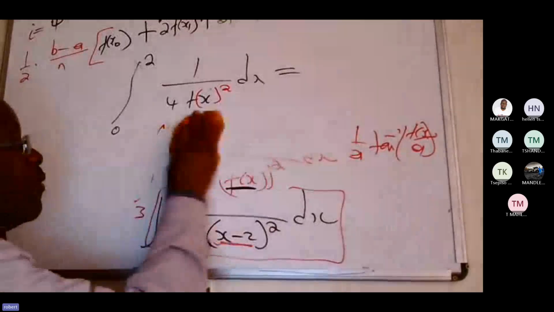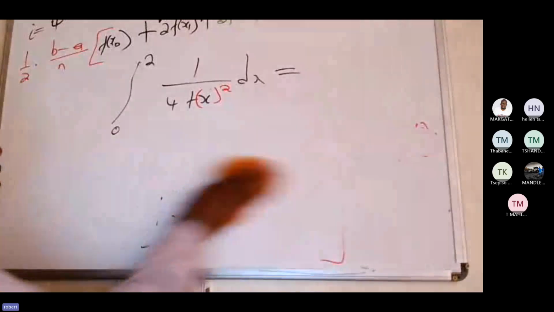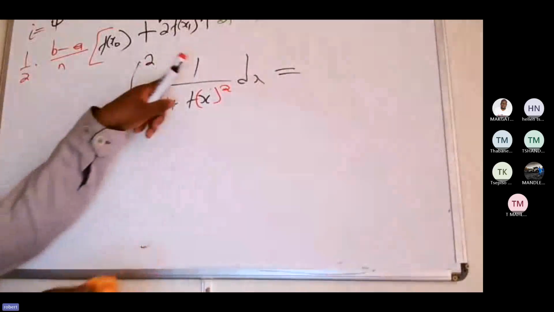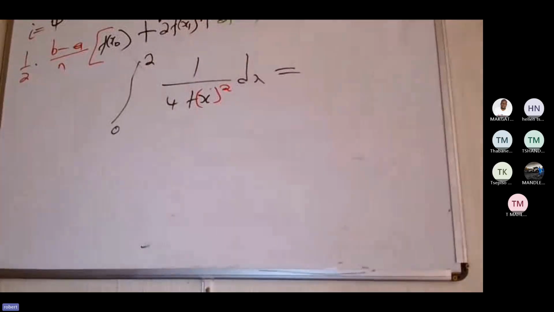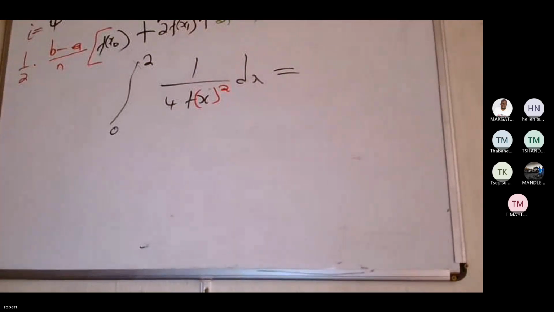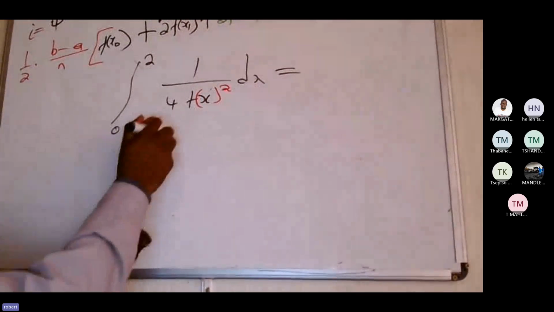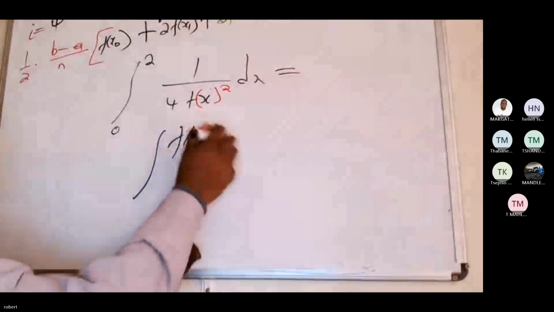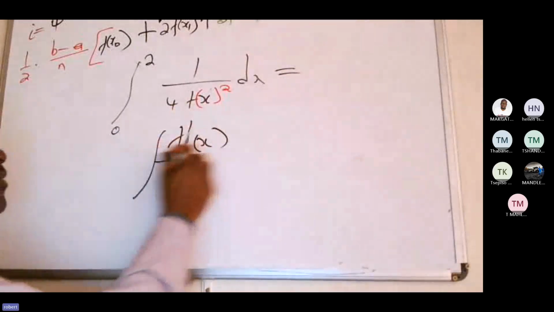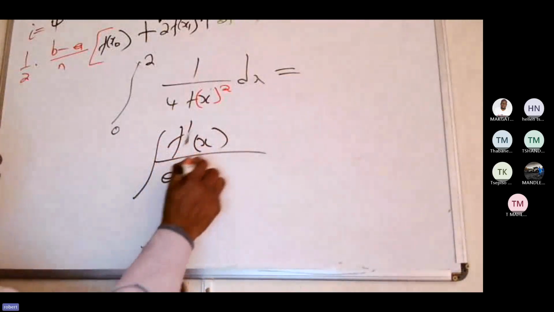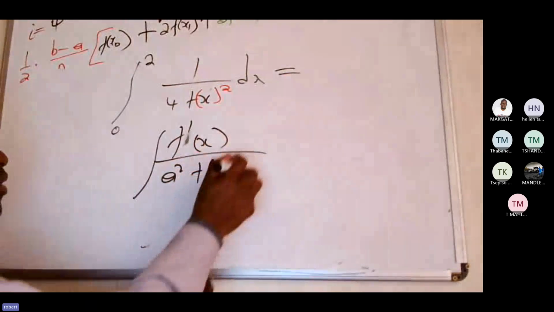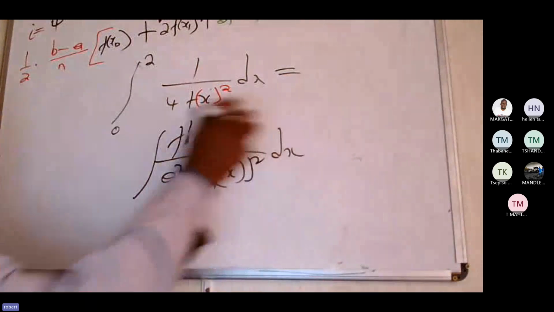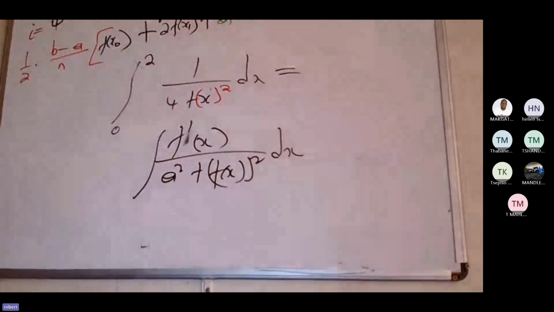You can see that this is exactly the derivative over a squared plus f of x all squared, which is inverse tan.